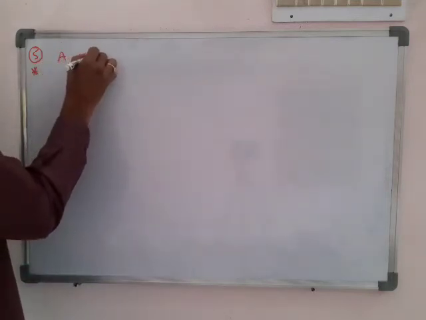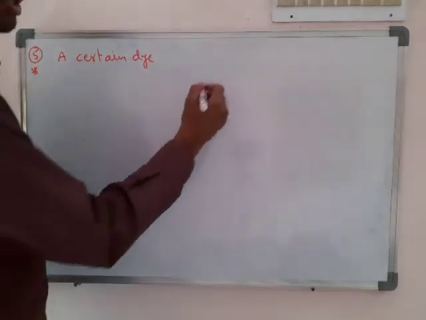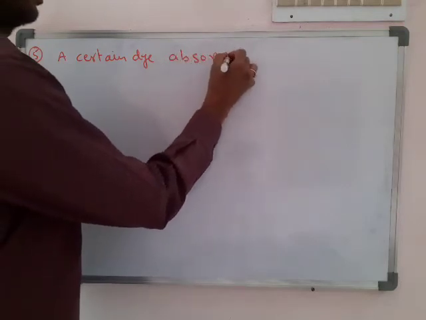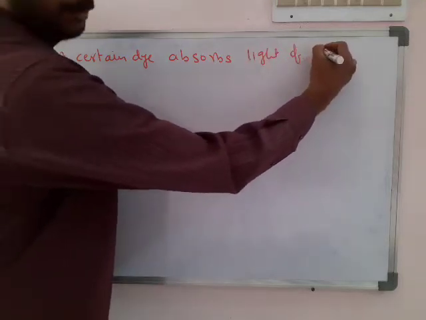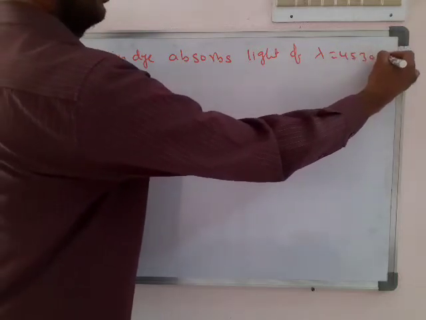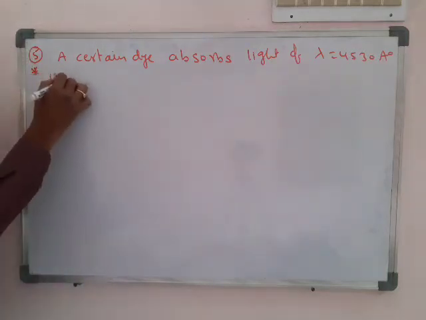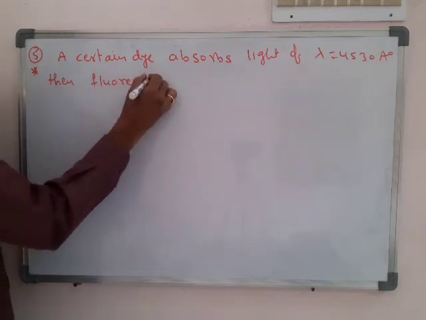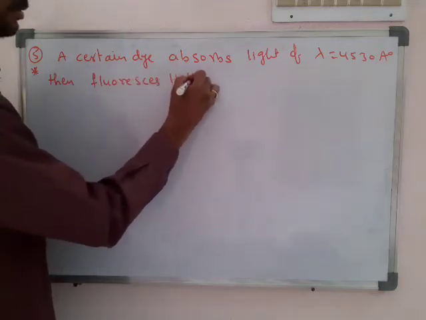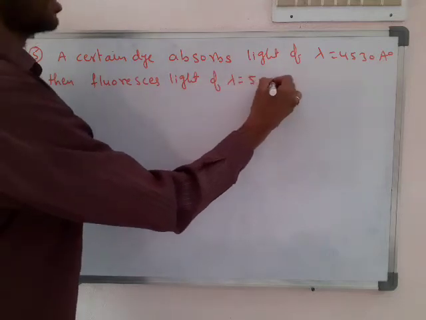See, one more important problem. A certain dye, which is nothing but a color, absorbs light of 4530 angstroms, then fluoresces light of lambda equal to 5080 angstroms.